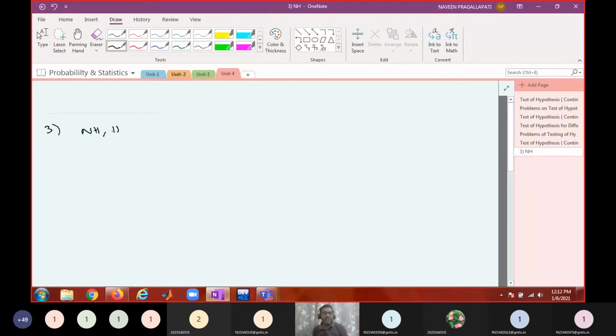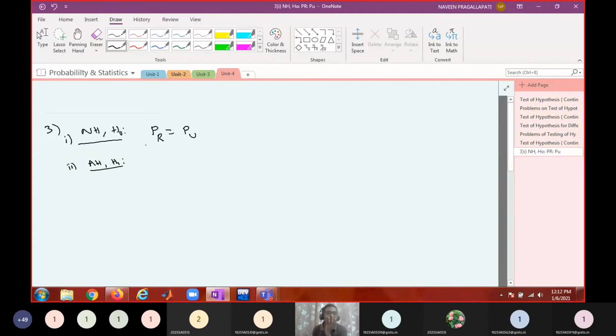Null hypothesis H0: there is no significant difference between urban and rural, PR equals PU. And the alternate hypothesis H1 is what? I would like to change the question first.